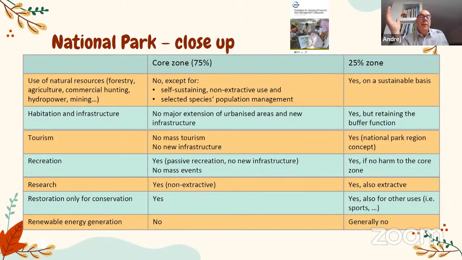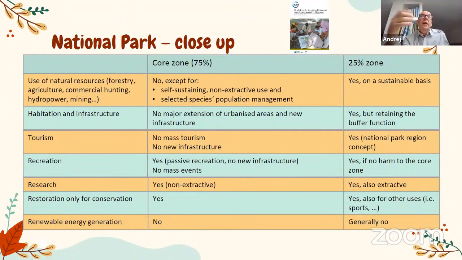So, for example, if we are talking about recreation: passive recreation, yes. No, if we want to build new major infrastructure like the ski resorts that I mentioned already, or similar things. And what is also important, no mass events. Mass events also means the organization of big sport events.